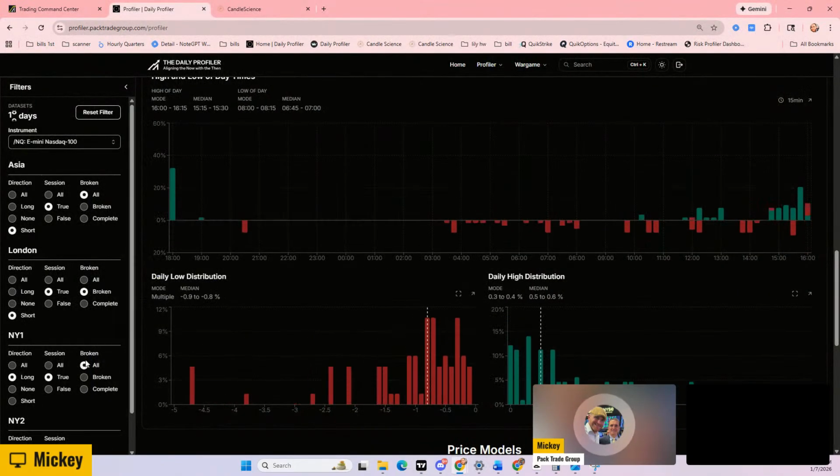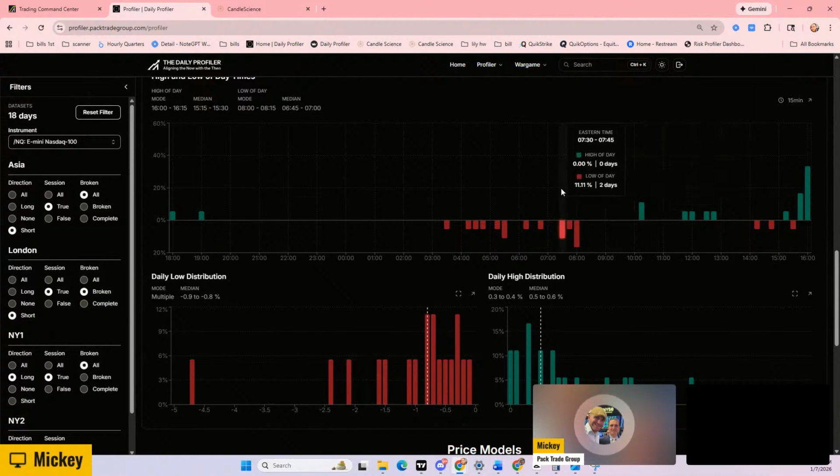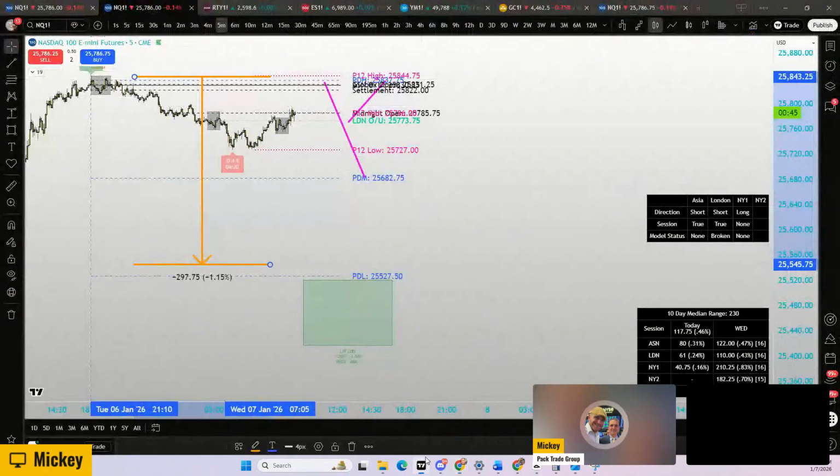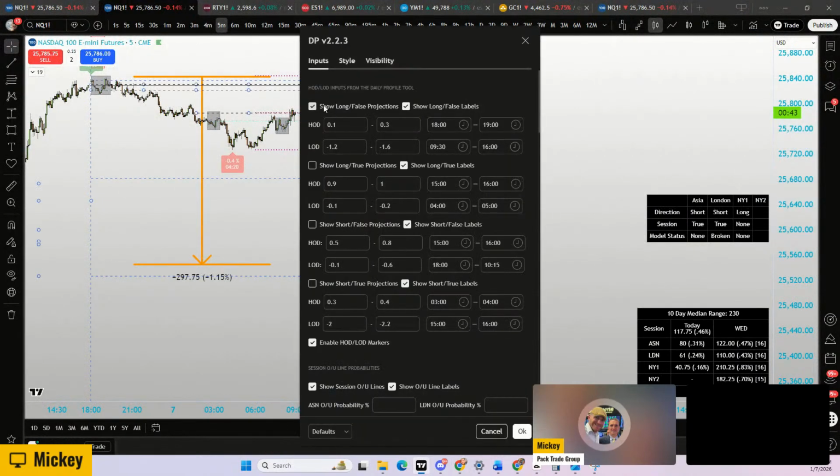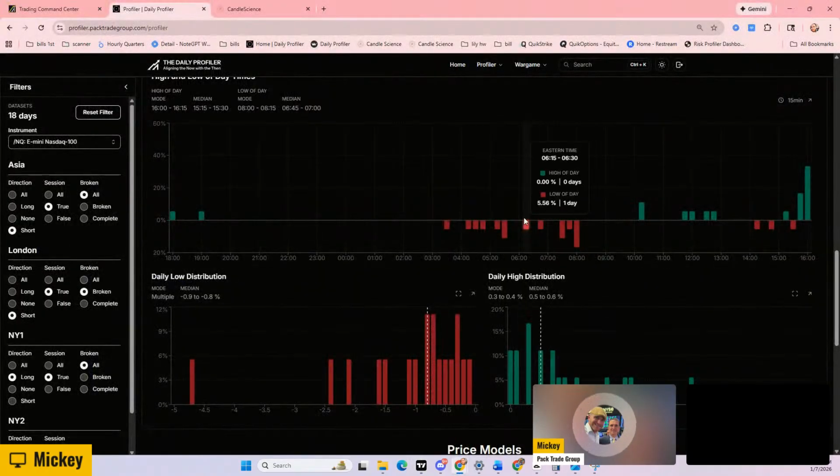If we do true, you can see that the low of the day mode to median is from 0.3 to 0.9 off of Globex Open. And then the low of the day time will be from 6:45 to 8.